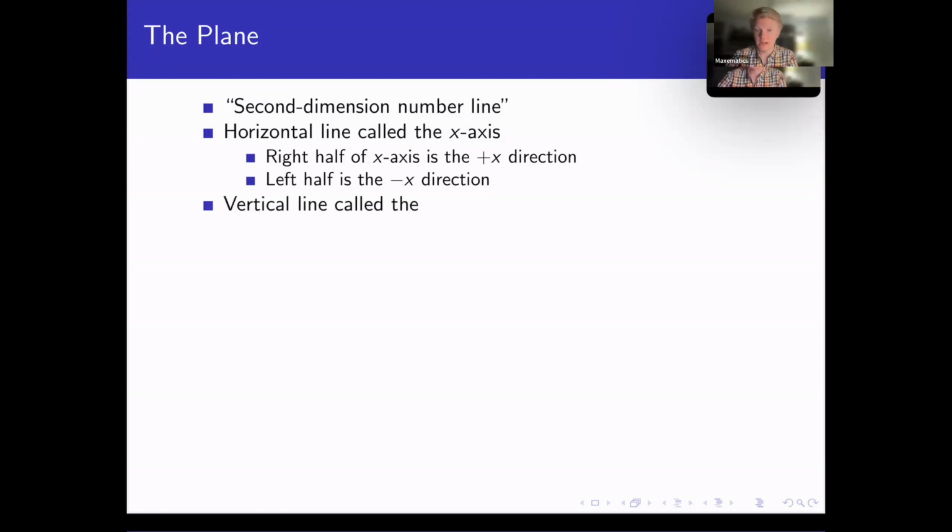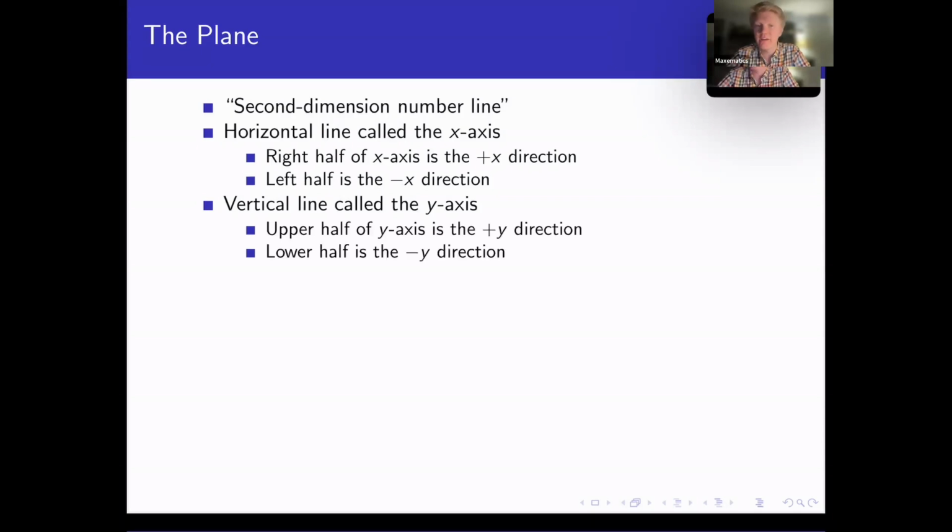Likewise, we have a vertical line called the y-axis. So not only are we going to get things with x's, we're going to get things with x's and y's simultaneously. The upper half of the y-axis is the positive y direction, and the lower half is the negative y direction. Horizontal is intuitive in this way because we read left to right and things increase as we go left to right.